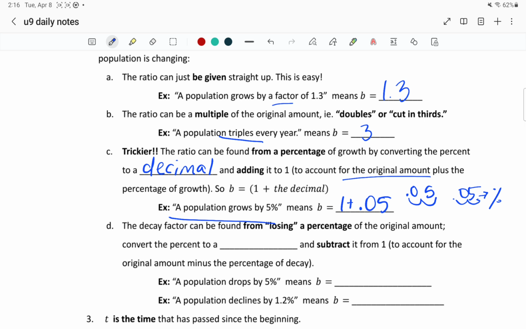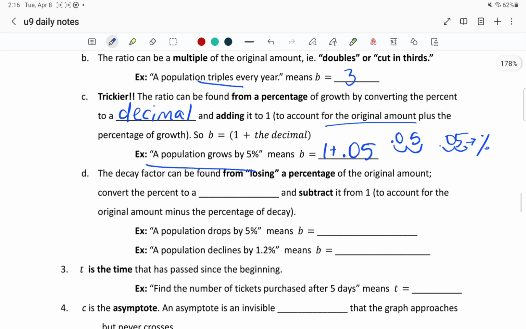And that's for growth. If we have a decay factor, or we're going down, we also need to convert the percent to a decimal again. But instead of adding 1, we're going to subtract from 1 to account for the original amount. If I'm losing something, going smaller, then I'm going to subtract. If I'm getting bigger, I'm going to add. So a population dropping by 5% is 1 minus 0.05, which is the same as 0.95.